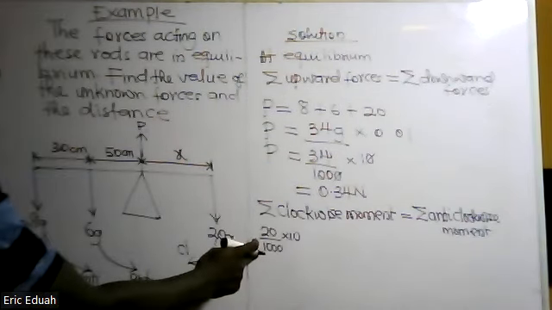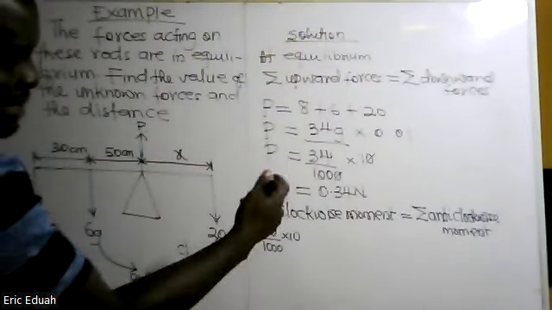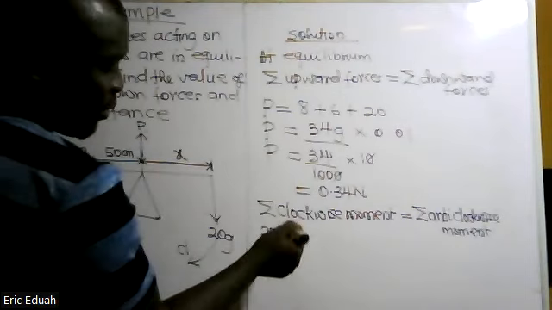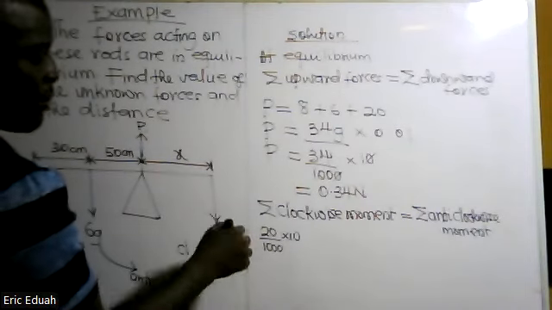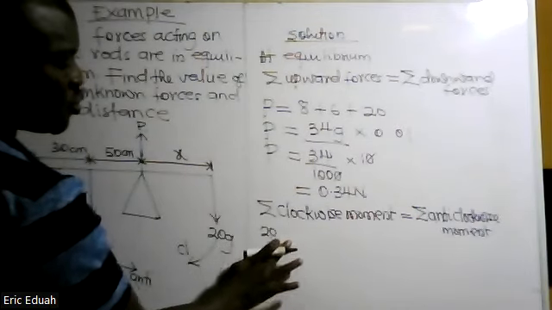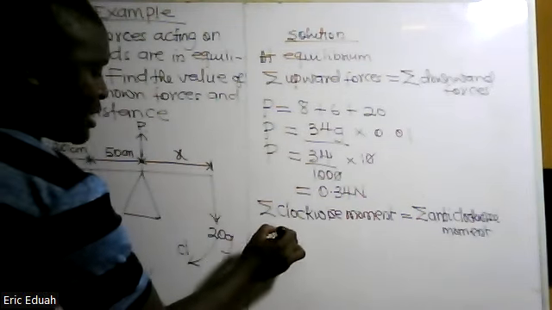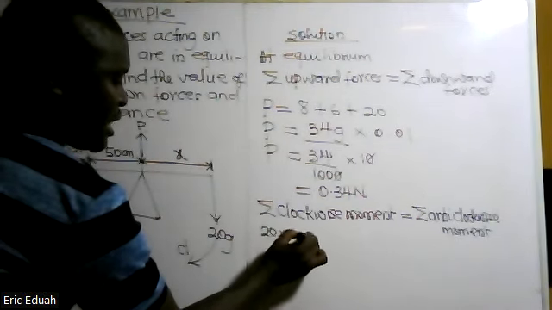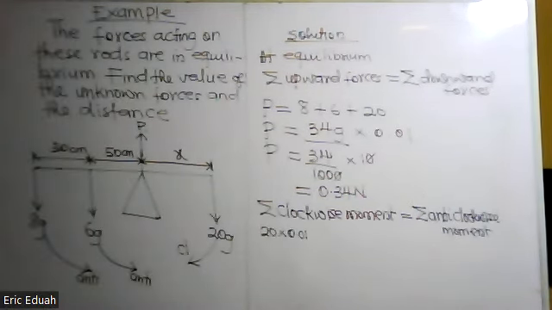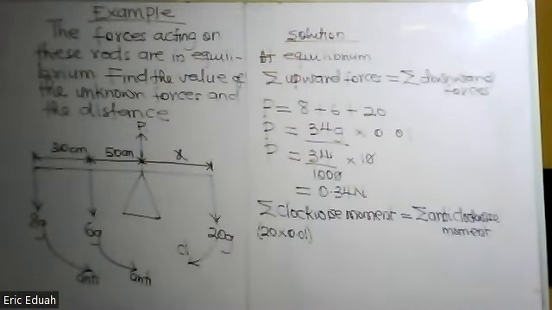We are converting the masses to force. So mass times gravity. But we first need to convert this to kilogram, or simply, if we want to convert grams to weight directly, 20 gram times 0.01. And that will give us the force.